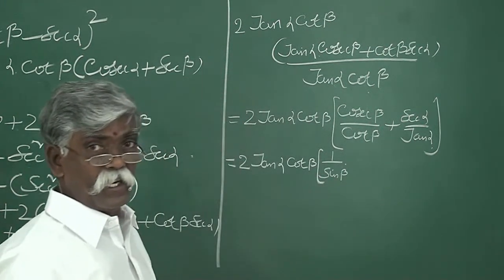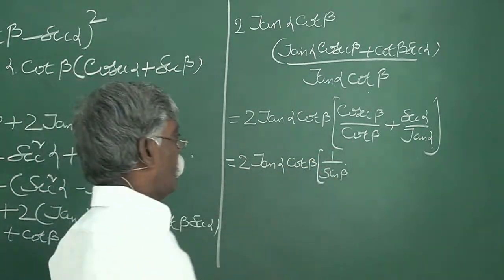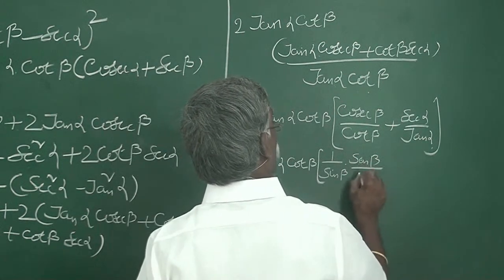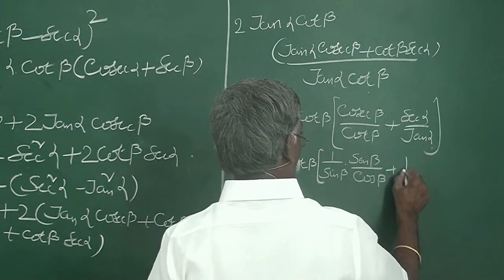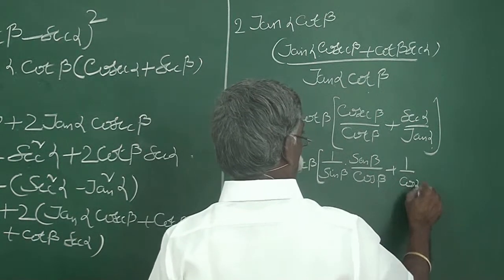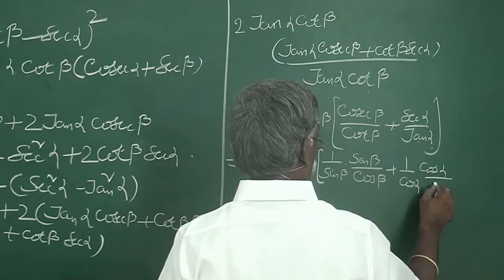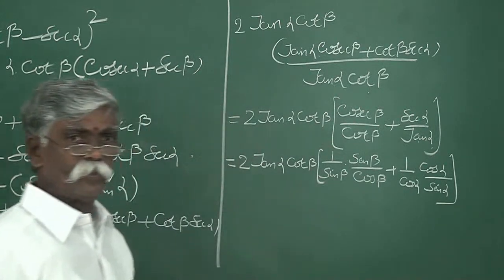And the denominator is cot beta, means cos beta by sin beta. If I reverse it, sin beta by cos beta plus this is 1 by cos alpha, and tan alpha, when it is taken to the numerator, you can write it as cos alpha by sin alpha.